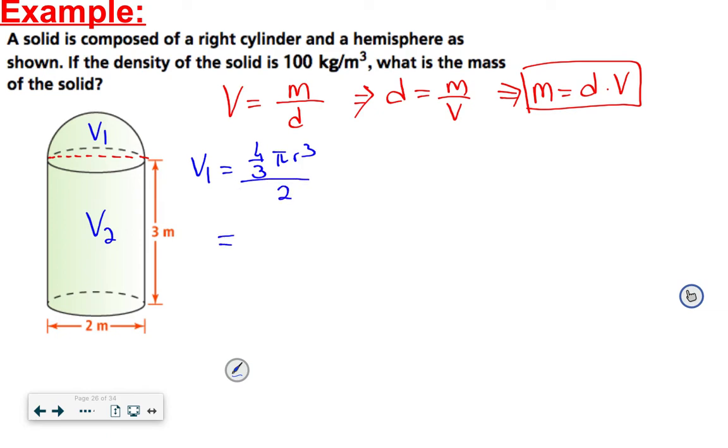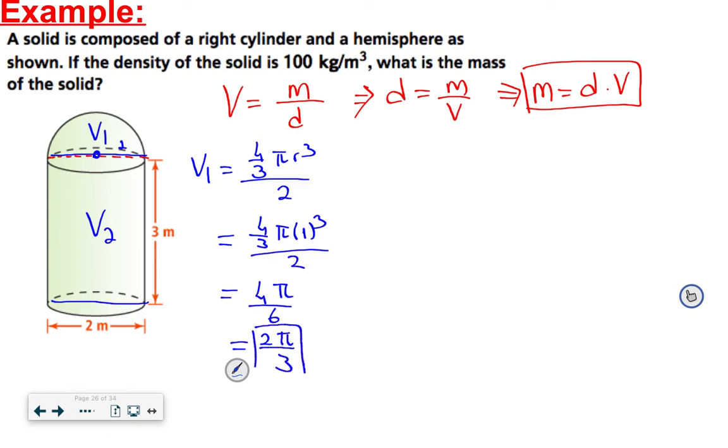If this is 2 meter, this is going 2 meter as well. What is the radius? 1 meter. Substitute. 4 over 3 pi 1 cubed over 2. From here, 4 pi over 6. If you simplify by 2, you will get 2 pi over 3 is volume of hemisphere.